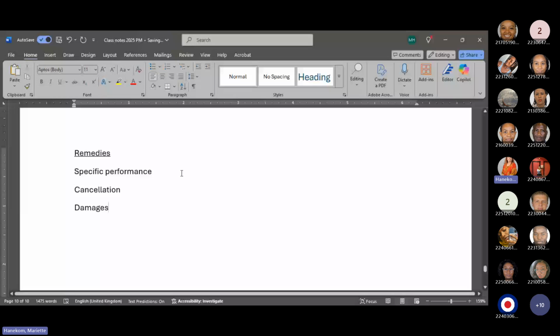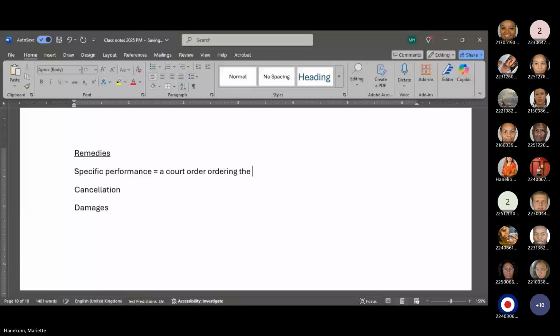Okay, let me first explain what they mean. Specific performance is a court order that orders the breaching party to perform as agreed. So an order saying you agreed to do that.